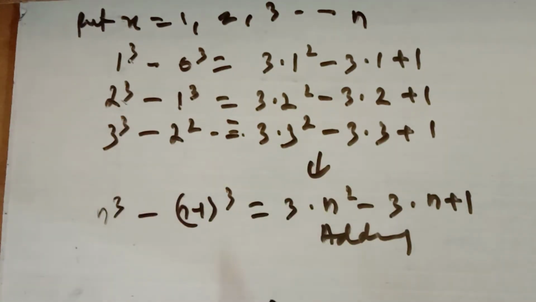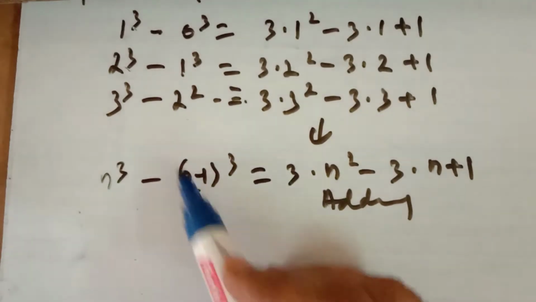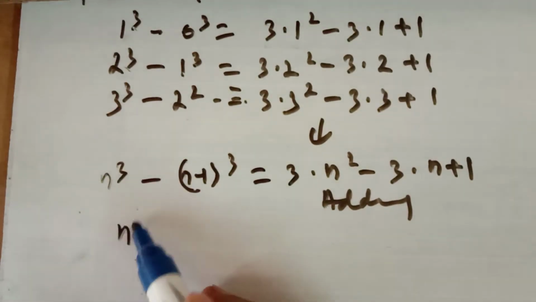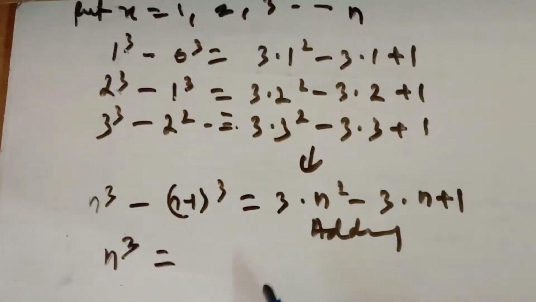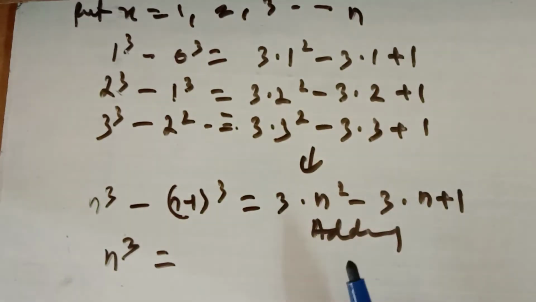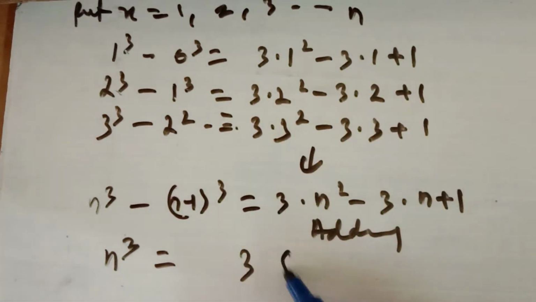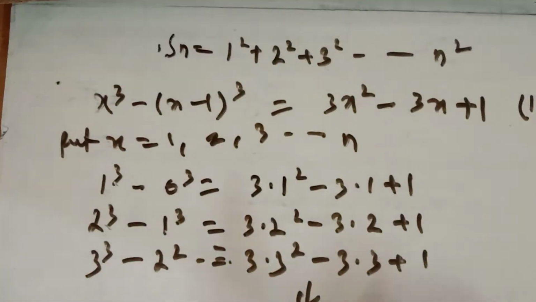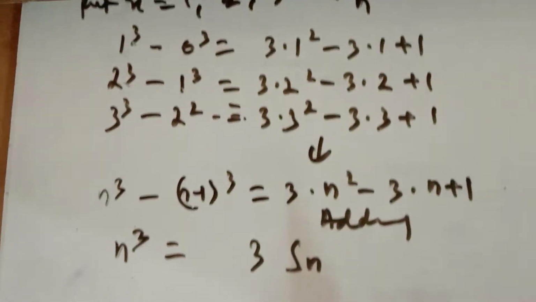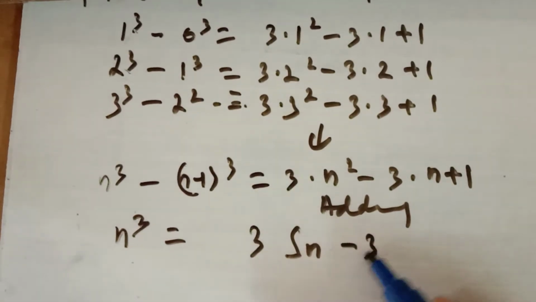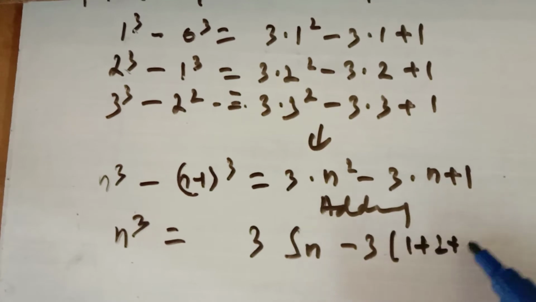So this will become n cube, and when you add all this, you are getting 3 times 1 square plus 2 square plus 3 square up to n square. It will be Sn, the sum of the n squares. We have let it equal to this, and this comes out to be minus 3 into 1 plus 2 plus 3 up to n.